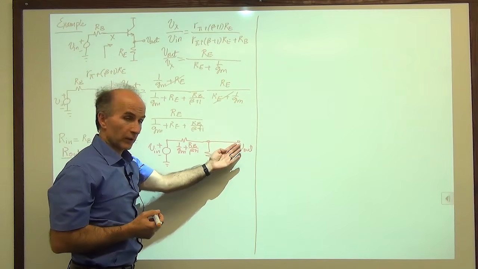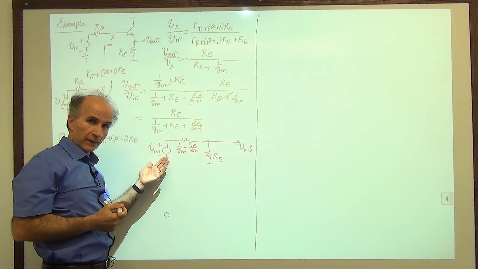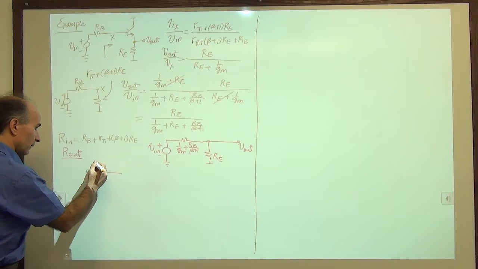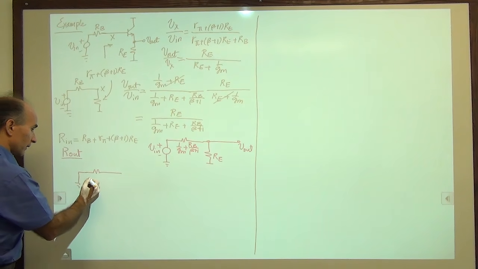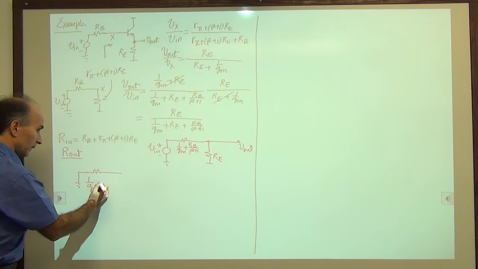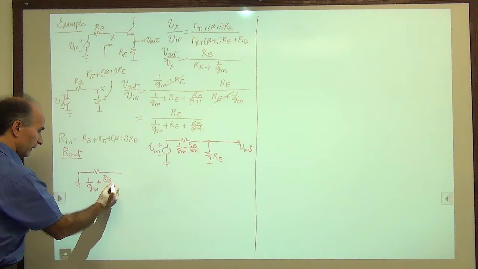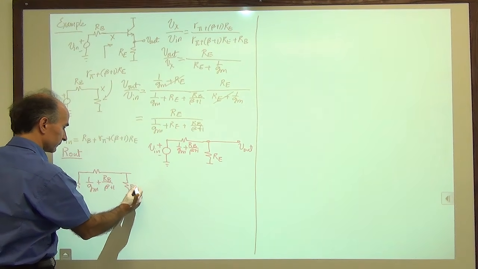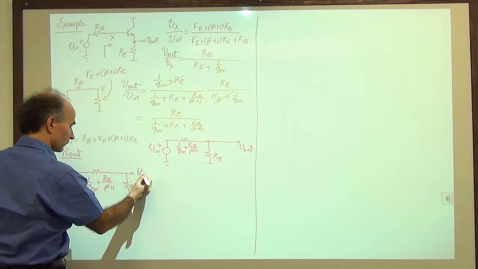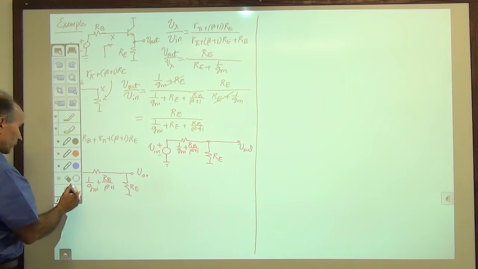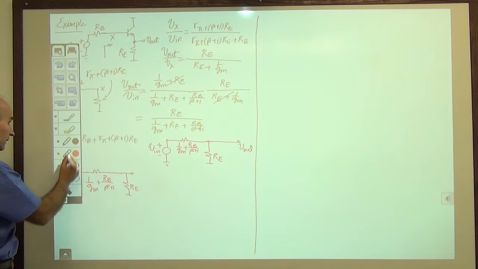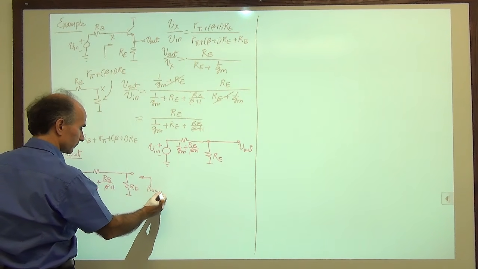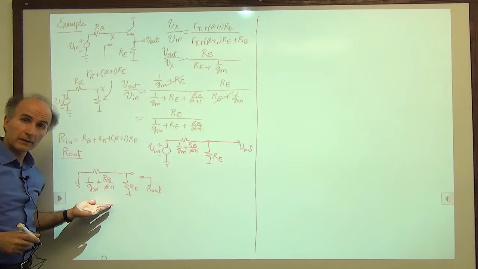And to find the output resistance of this circuit, I have to set the independent source to 0. So for R out, I will set the input source to 0, 1 over Gm plus Rb over beta plus 1, and then Re. And then this is V out. Yeah, sorry, this is what we are trying to find. So that's the output resistance. And now it's clear what it is.